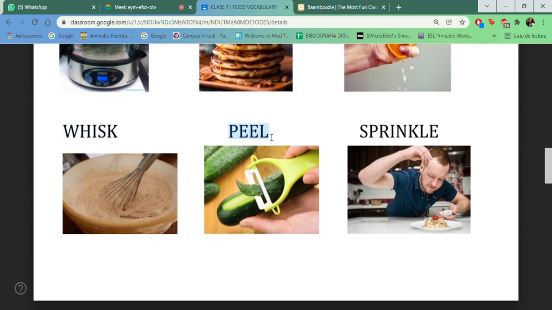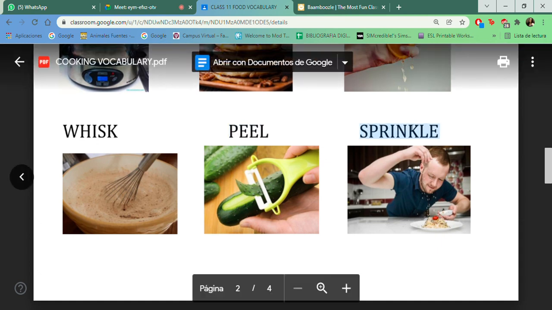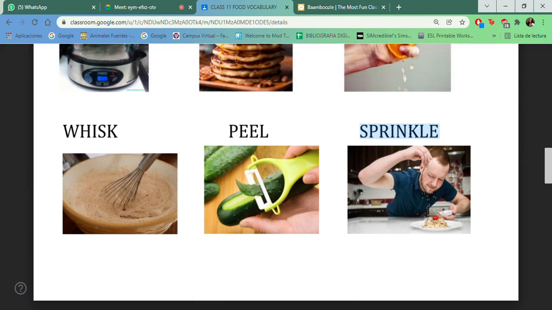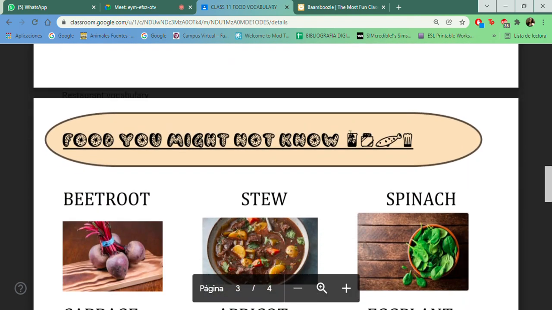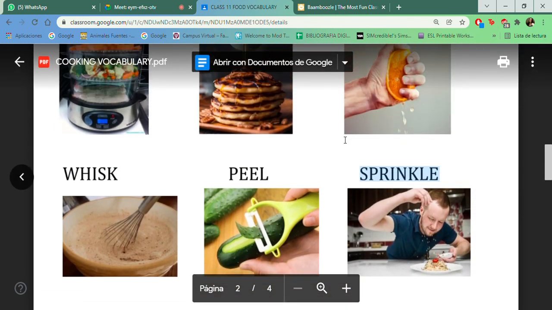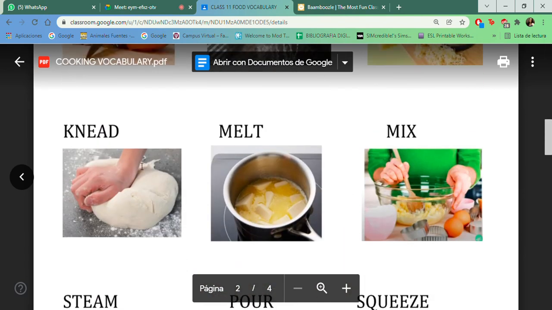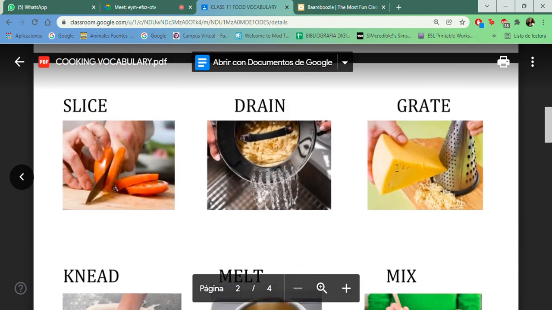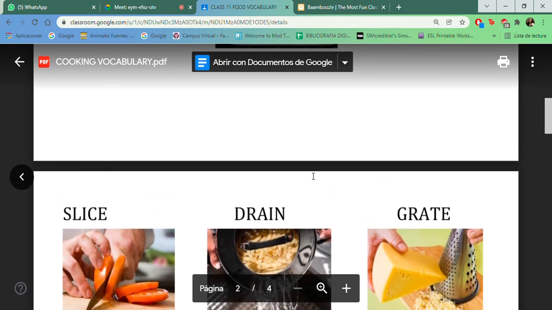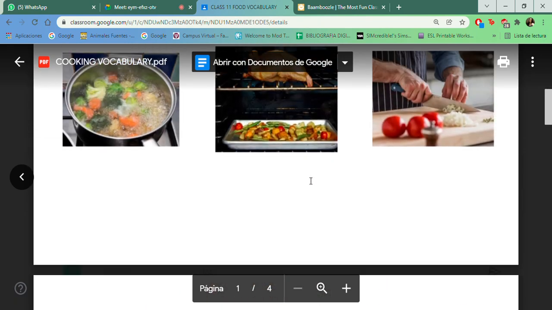This is to peel, and the object is peeler. This is to sprinkle, and the little things are called sprinkles. Great. Any questions about the ways of cooking? Pouring, squeeze, steam, knead, melt, mix. They are clear. Great, excellent.